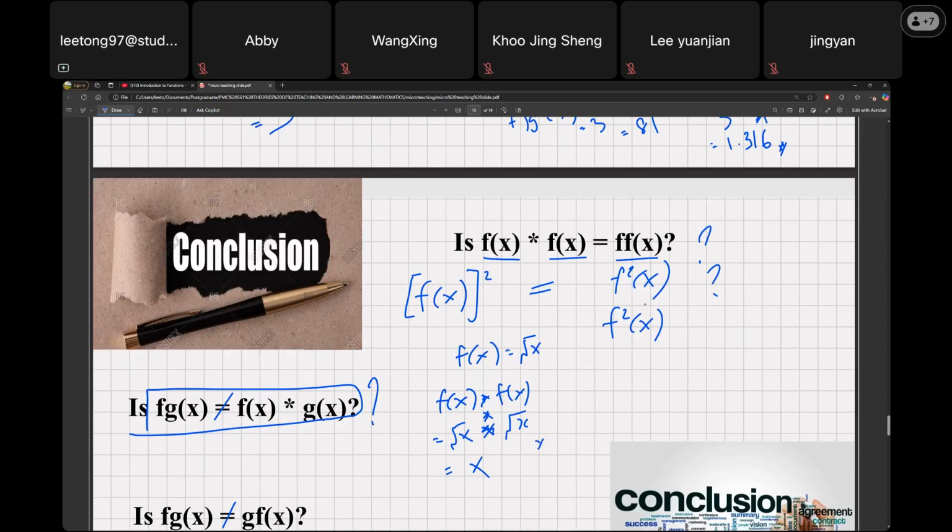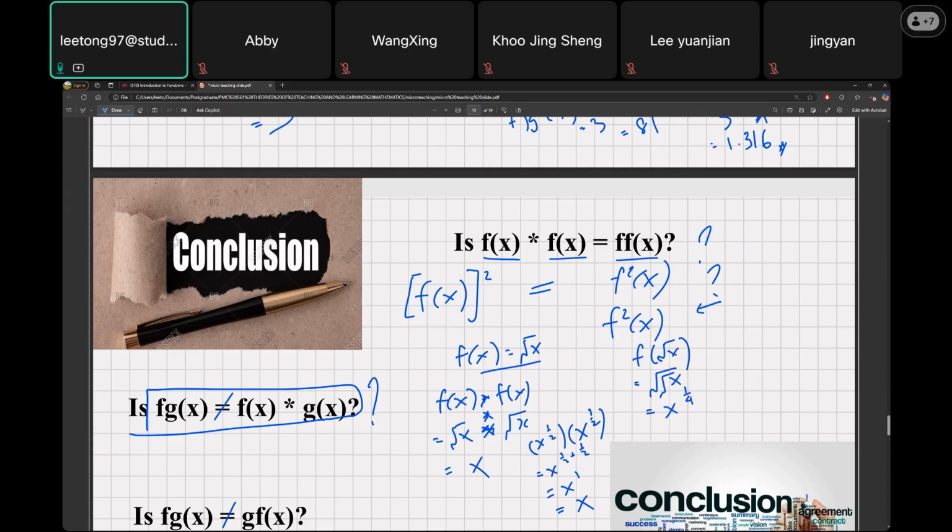Okay, since x is equal to x power of 1 over 2 plus 1 over 2. So x to the 1, which is x. How about this composite function? Look at this. F of square root x. Another time square root x. So this, they are also not the same. So f square x is not equal to fx times fx.